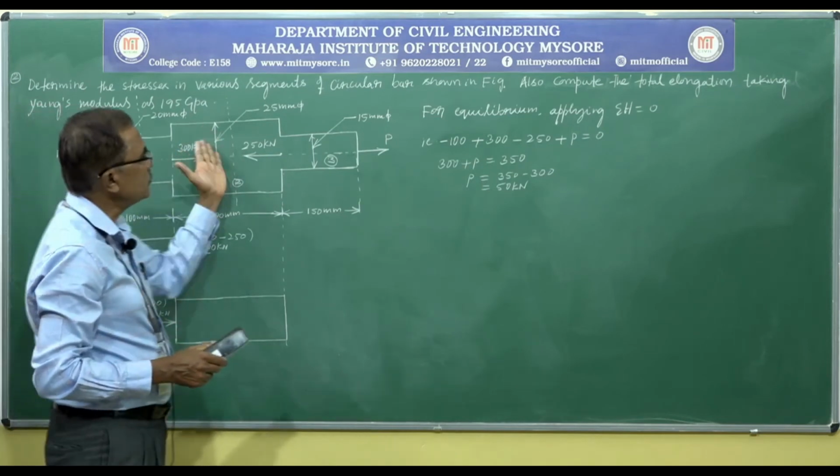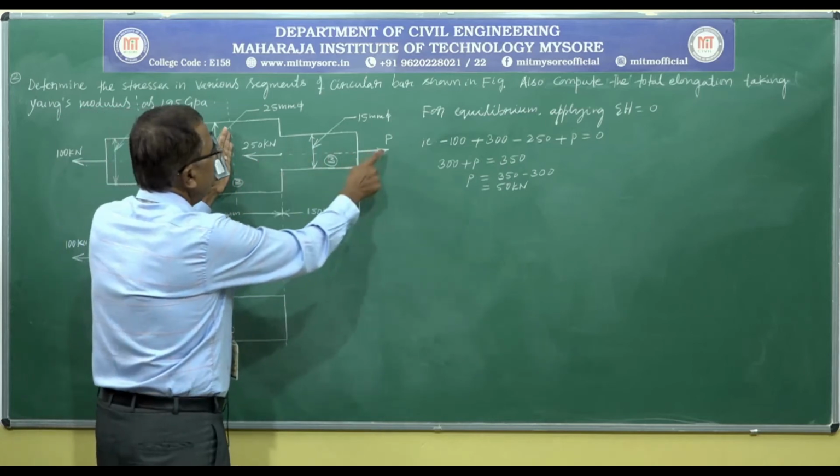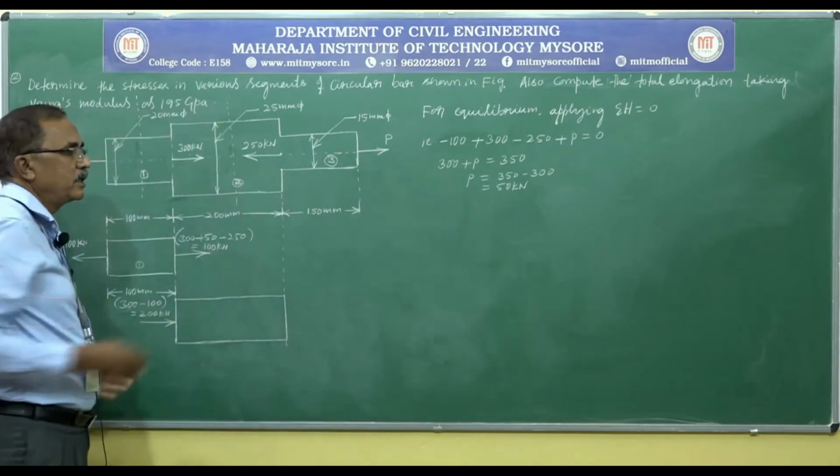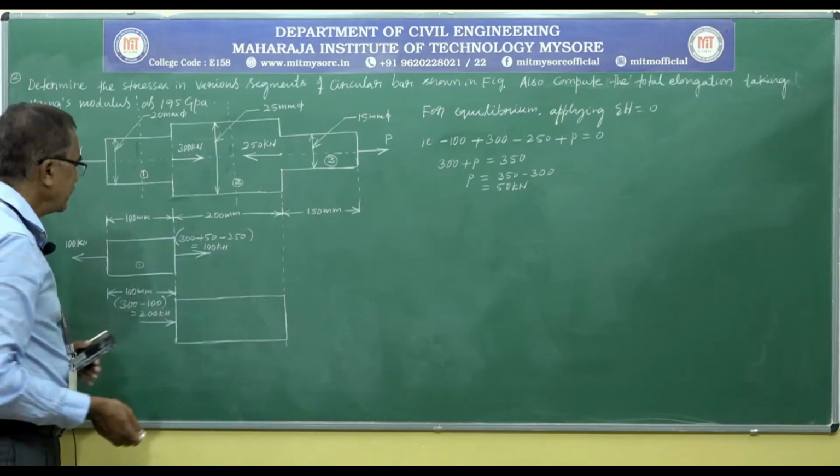If you consider forces to the right-hand side, again there are two forces, 250 kilonewton and 50 kilonewton. Consider again the higher magnitude direction as positive and the opposite direction as negative.